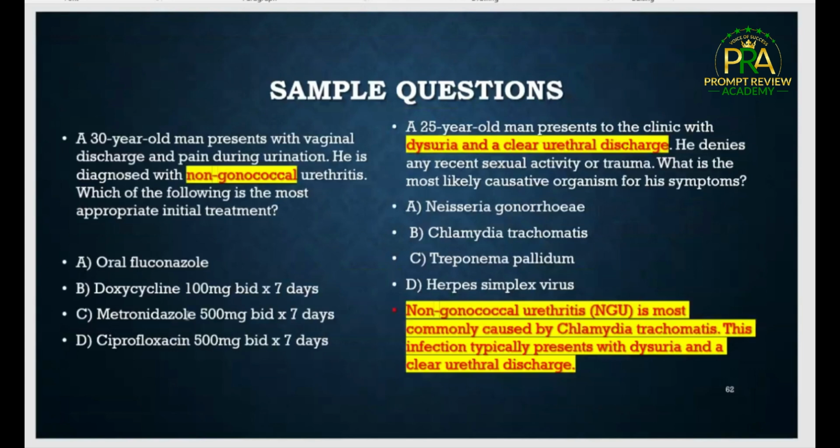So this is an example. A 30-year-old man presents with vaginal discharge and pain during urination. He is diagnosed with non-gonococcal urethritis, which means it is not caused by gonorrhea.